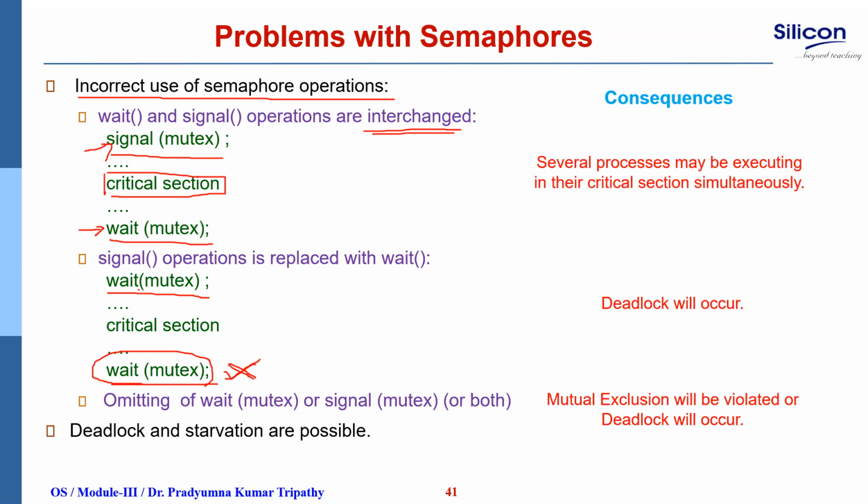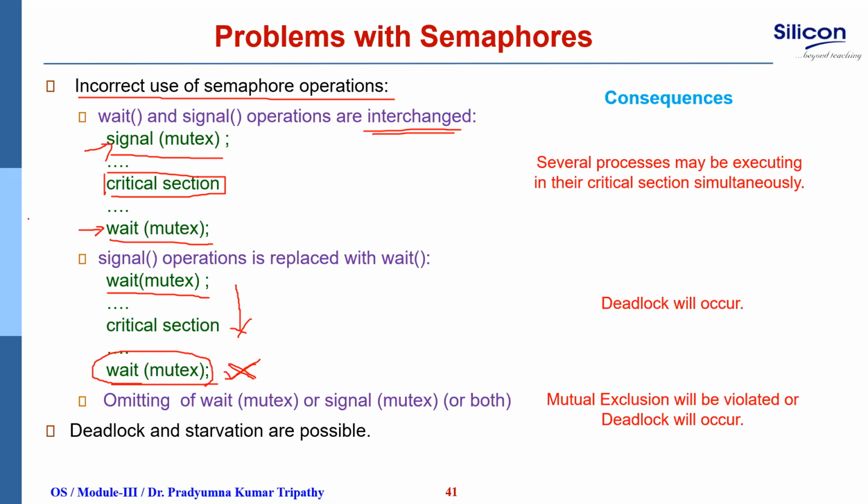The process has entered into the critical section, and then it again has a wait(mutex). First the semaphore is decremented and it has entered. The next time, s is less than or equal to 0, because it is 0. It will be there only, it will never end. A deadlock will occur.